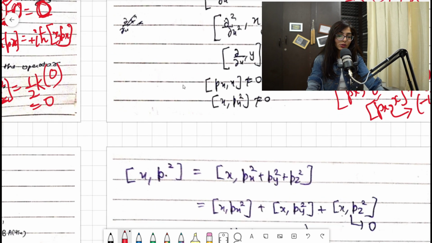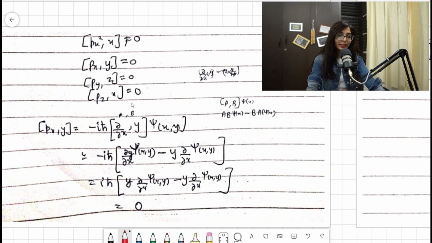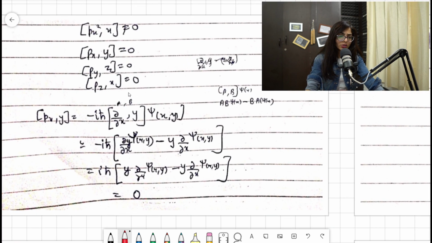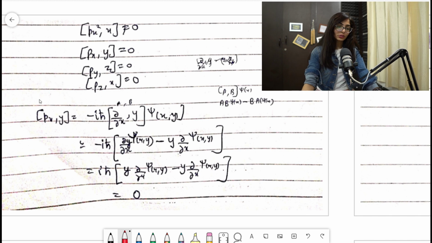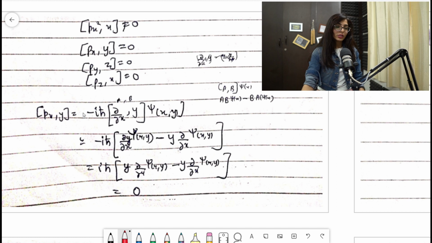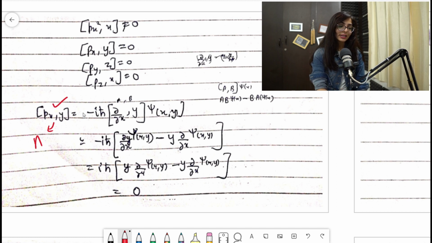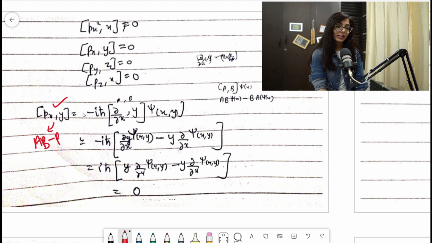So it was an easy identity only. Here I will show the proof of how it is 0 if you take px with another coordinate. You'll try to prove it by the formula ab minus ba. If they commute, ab minus ba should be 0.